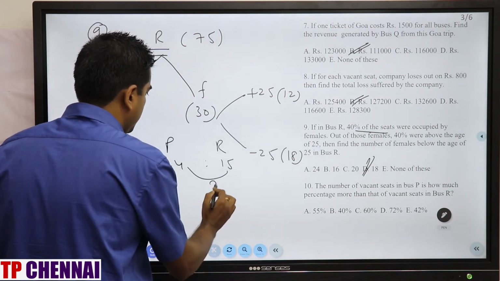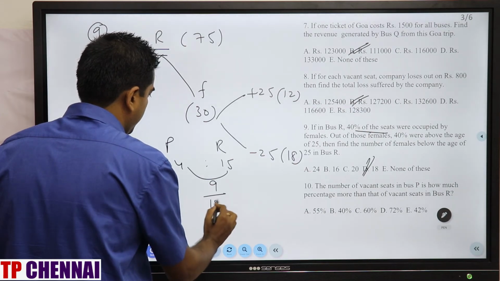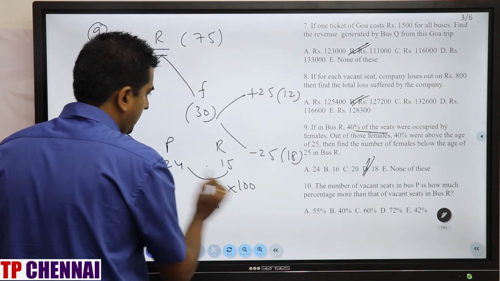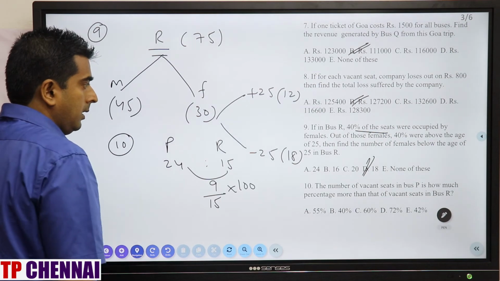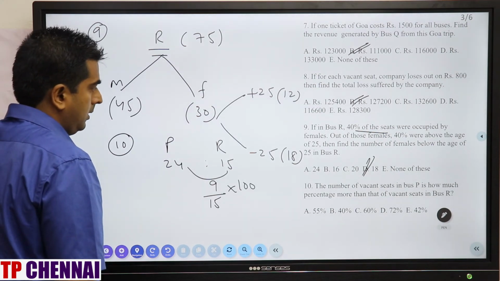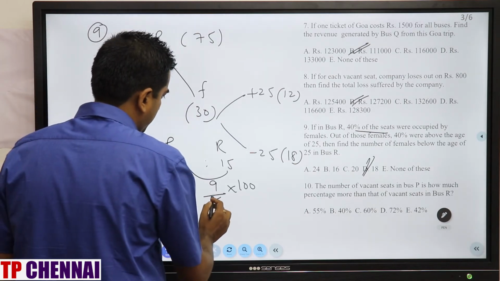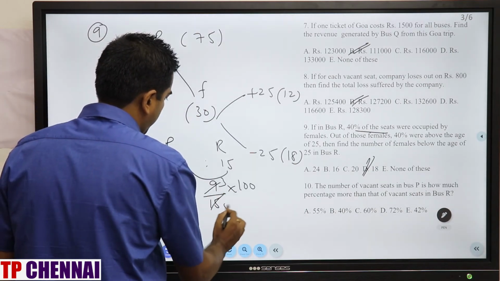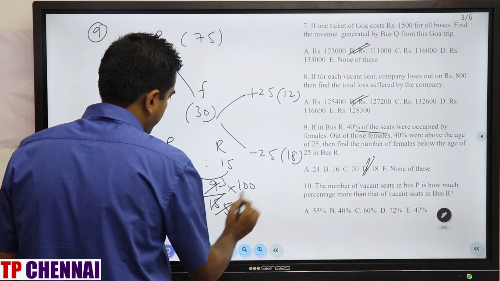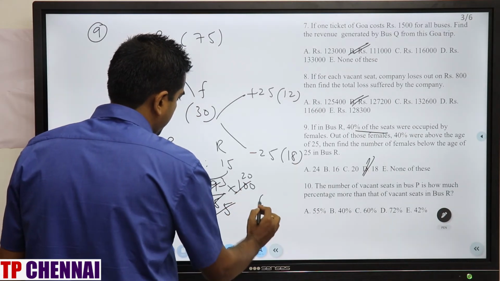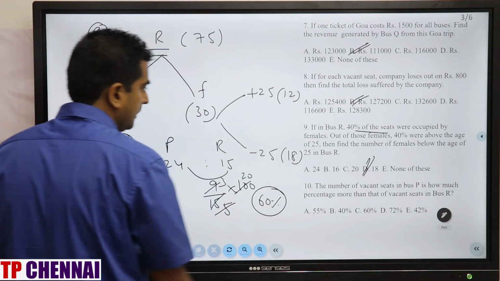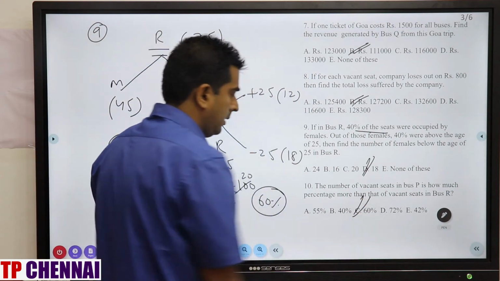How much has it reduced? 9 by 15 into 100. This is 9. So this is how much? 60% is the answer, which is nothing but third option.